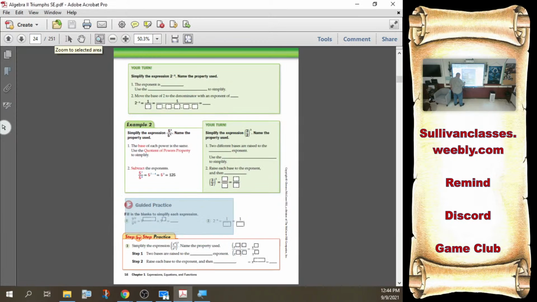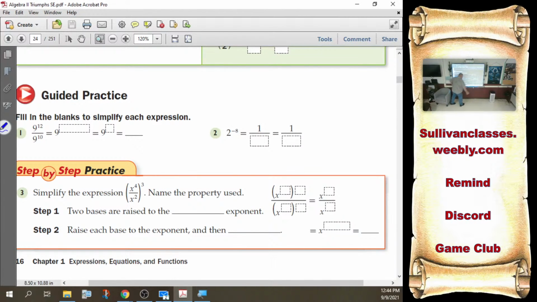So, I'll head on down here. Guided practice. Talk me through. If I have 9 to the 12th over 9 to the 10th, take a look at your rules. Which rule does it look like? Oh, that's got a fraction in it, though. That's like something over something. There you go.